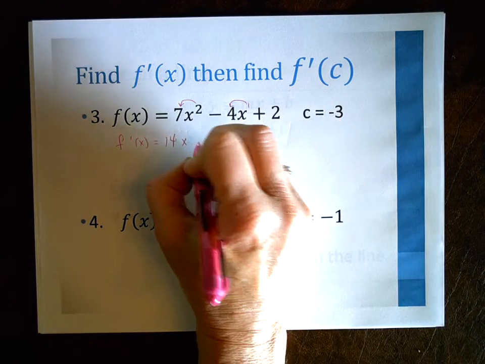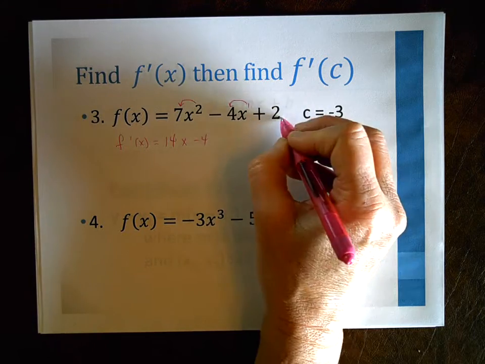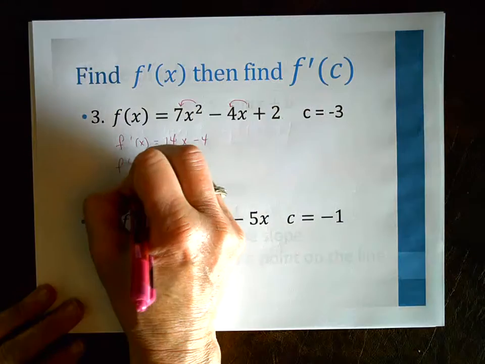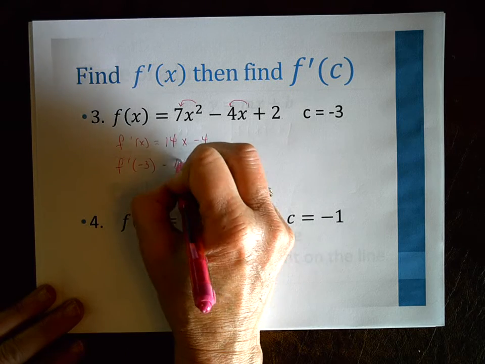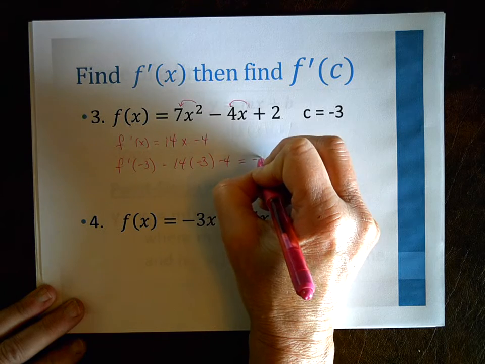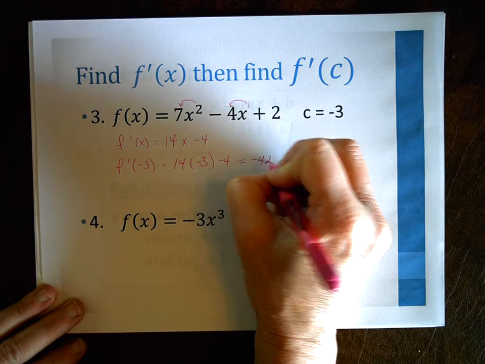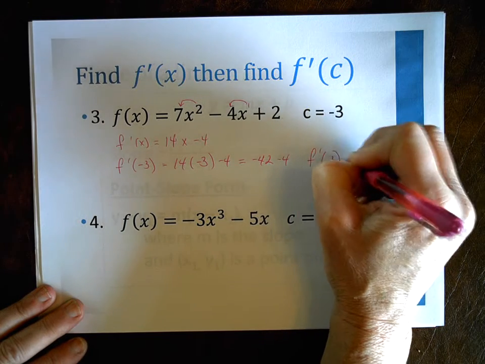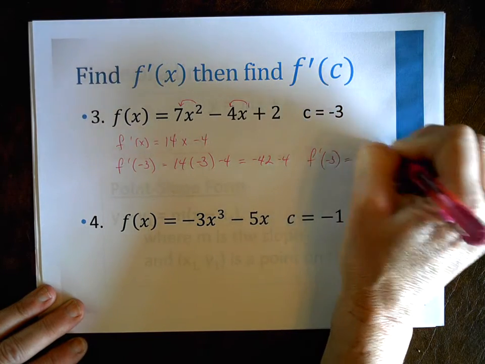Move that there, goes down by 1, there's 0, and there's no x's, so that's 0. And now we plug in -3 into that equation. So that's -42 minus 4. So the derivative at -3 is -46.